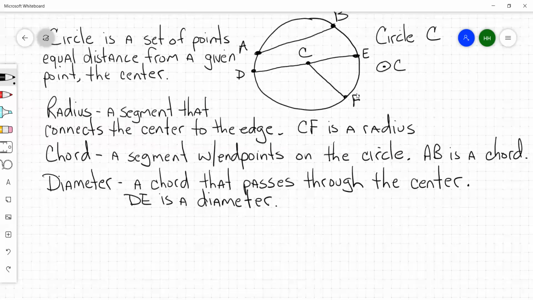I'm sure you've been told before that the diameter is equal to 2 times the radius, and that the radius is equal to the diameter divided by 2.